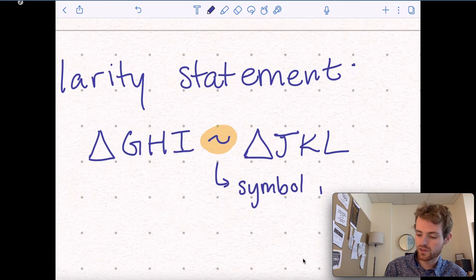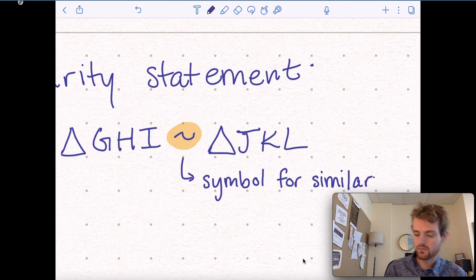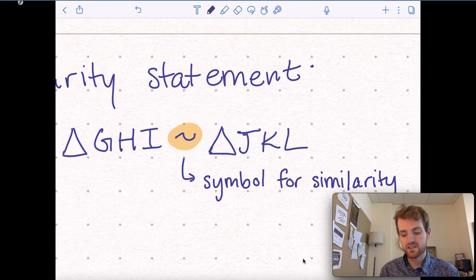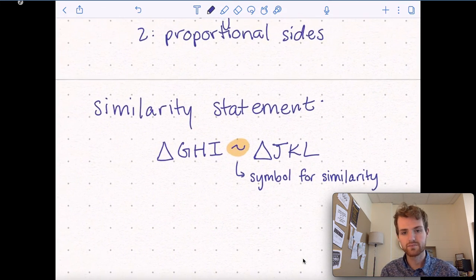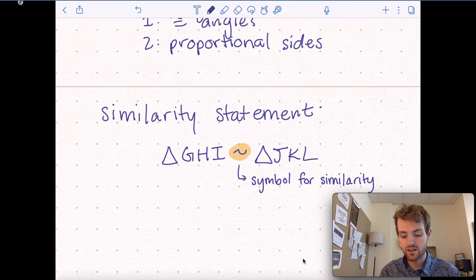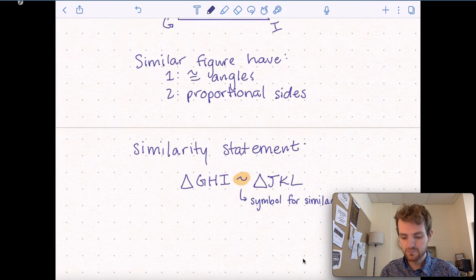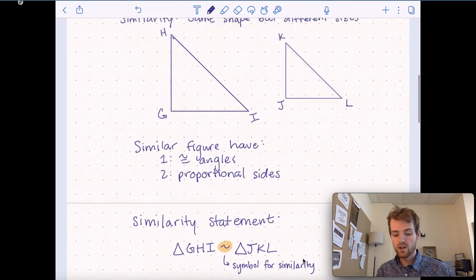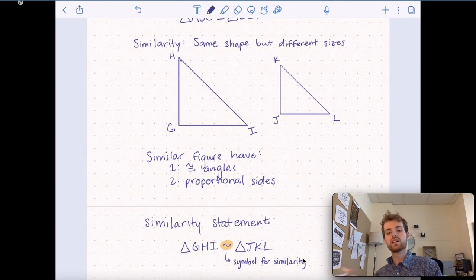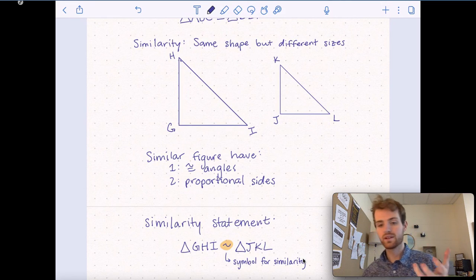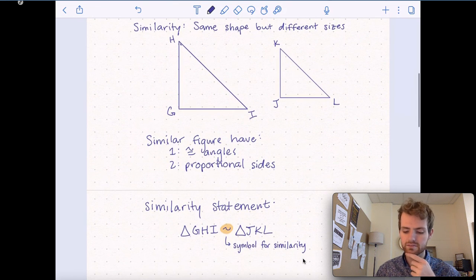This is the symbol we use for similarity. It looks close to what the congruent symbol is, just a bit different. Other than that, our statements look exactly the same. I know I didn't write in these triangles like I did with the congruent one because I want to go straight into an example to help get a sense of what's going on.